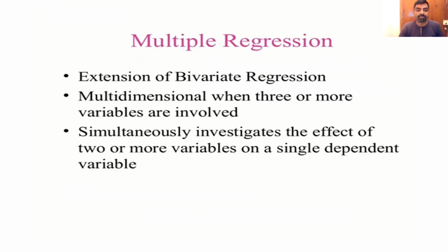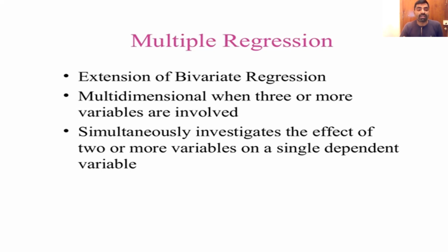Multiple regression. It is an extension of bivariate regression. In univariate analysis, we analyze one factor at a time. In bivariate analysis, we use only two factors or two variables.